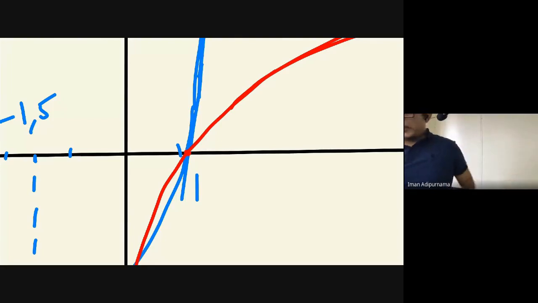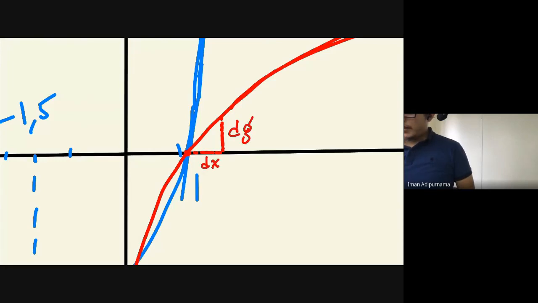Nearby that point, let's say this is dg, and this is dx.